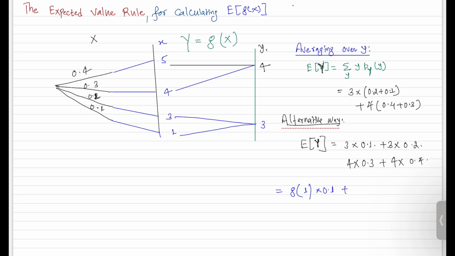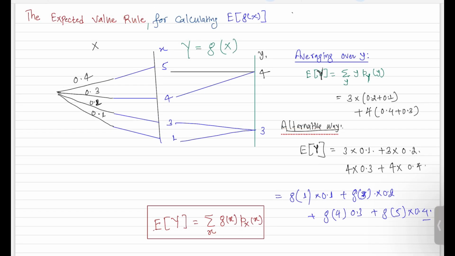And similarly, whenever x is 3, y is 3, so we can write this 3 as g of 3, with the probability 0.2. And similarly we can write for the others: g of 4 times 0.3 plus g of 5 times 0.4, right?